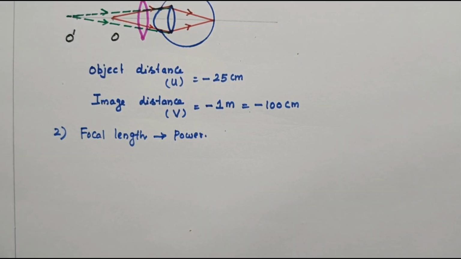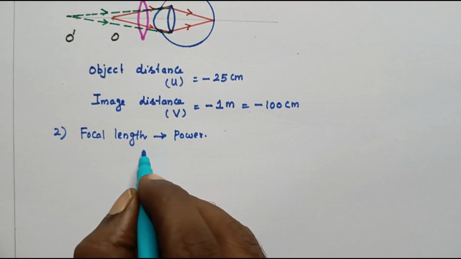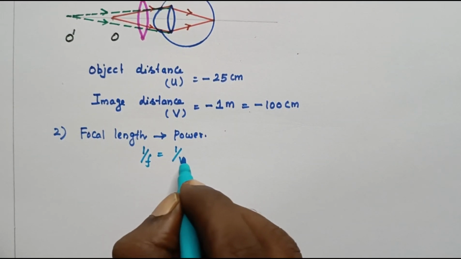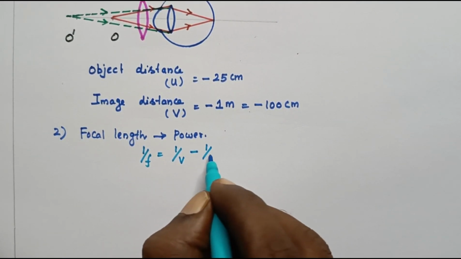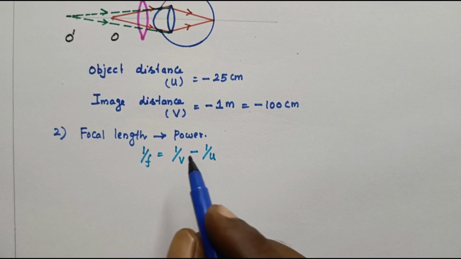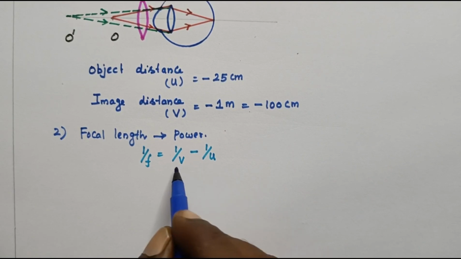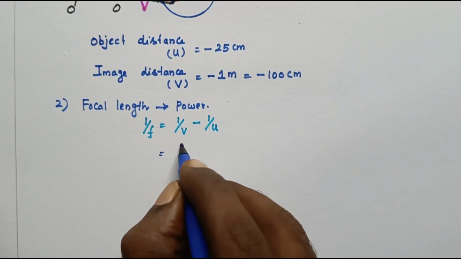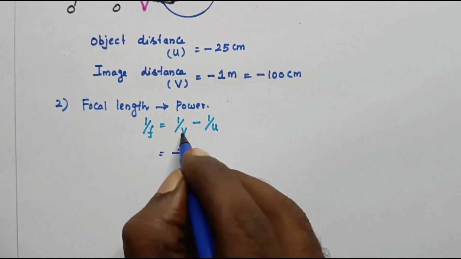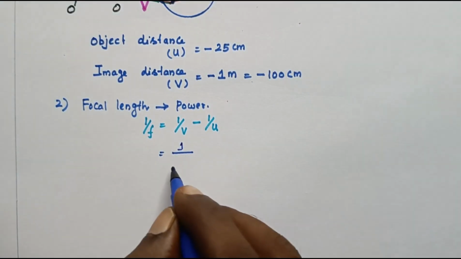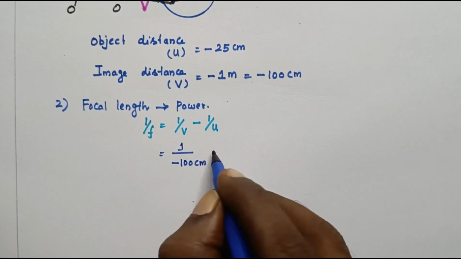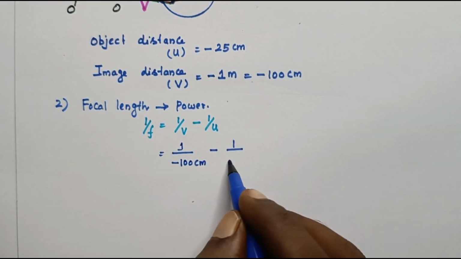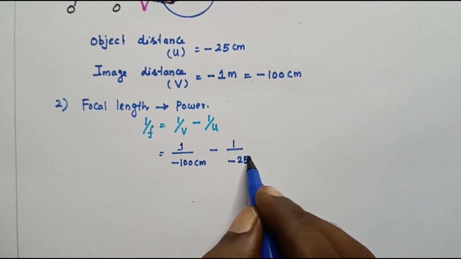The lens formula is 1 by f is equal to 1 by v minus 1 by u. We know the values of v and u. If we substitute, then we will get 1 by f is equal to 1 divided by v, where v is minus 100 centimeter, minus 1 divided by u, where u is minus 25 centimeter.